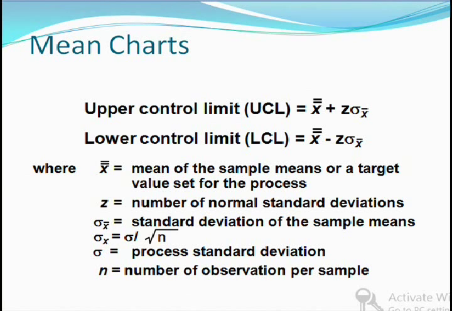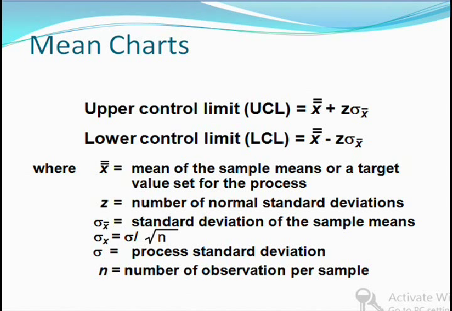X double bar is equal to the mean of the sample means or a target value set for the process. Z is equal to the number of normal standard deviations. Sigma sub X bar is equal to the standard deviation of the sample means.